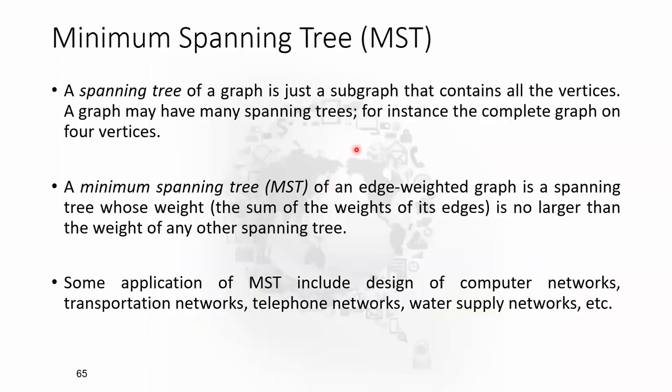Okay, next we go to the minimum spanning tree, MST. A spanning tree of a graph is just a sub-graph that contains all the vertices. A graph may have many spanning trees, for instance, the complete graph on 4 vertices. An MST, in an edge-weighted graph, is a spanning tree whose weight is no larger than the weight of any other spanning tree.